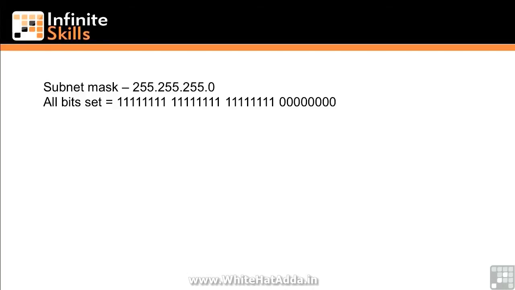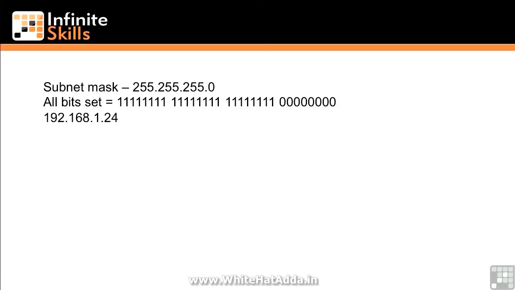And again, the same thing applies here as with the IP address. Each position there is an 8-bit value, and so you can have values from 0 to 255. In this case, you'll see all of the bits are set in the first 3 octets. So there's all 1s, and that gives us 255 in each of those first 3 positions.